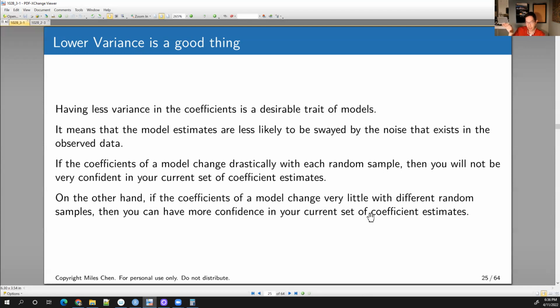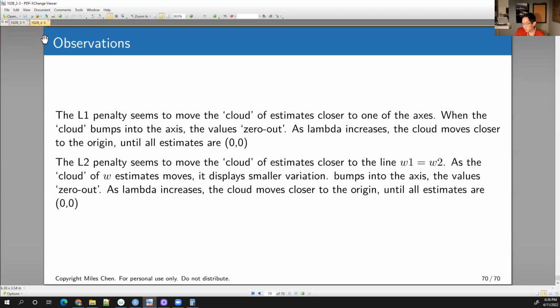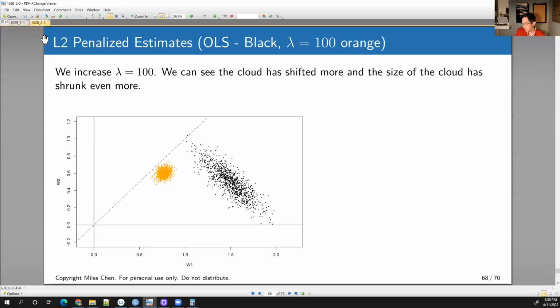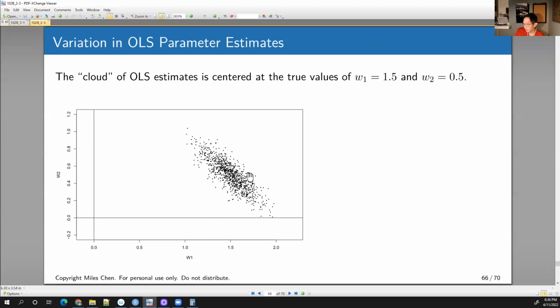So if the population exhibits a lot of noise, and you're concerned that your OLS coefficients are wrong because of random sampling, using regularization can reduce that. And so that's what this diagram is supposed to show.